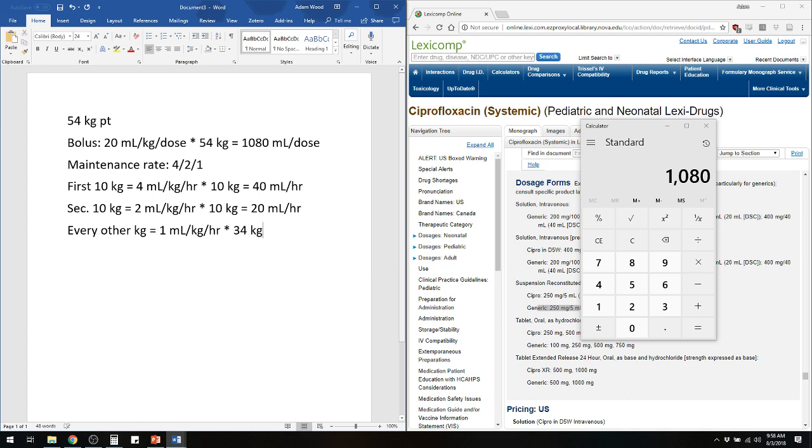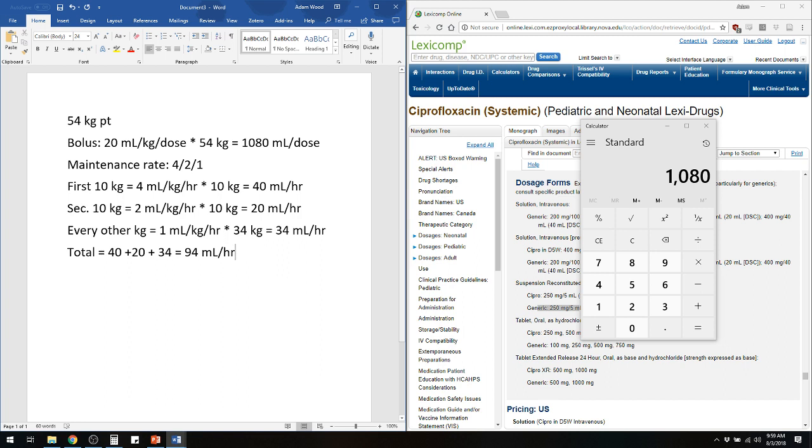So 34 kilograms is going to equal 34 mLs per hour. So now our total is going to equal 40 plus 20 plus 34, which equals 94 mLs an hour, right? 94 mLs per hour. And that would be a maintenance rate for that patient. So I'd give them a liter of fluids as a bolus, get them tanked up, and then give them the maintenance rate, 94 mLs an hour.